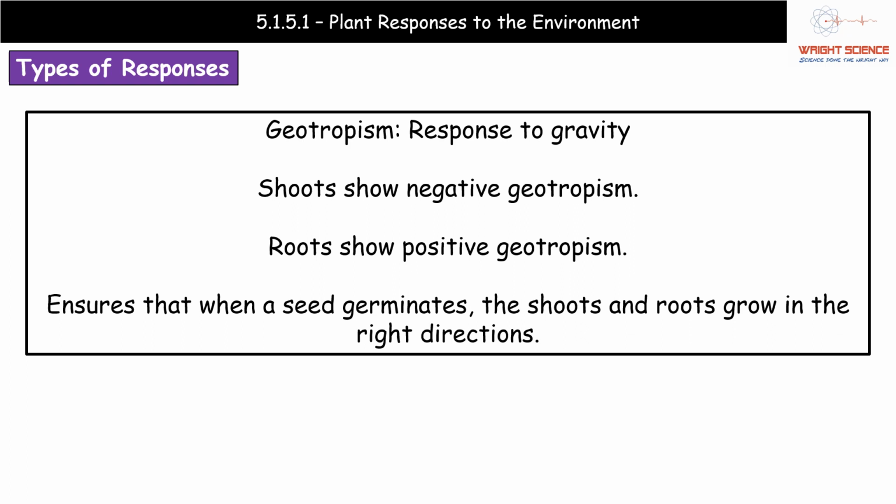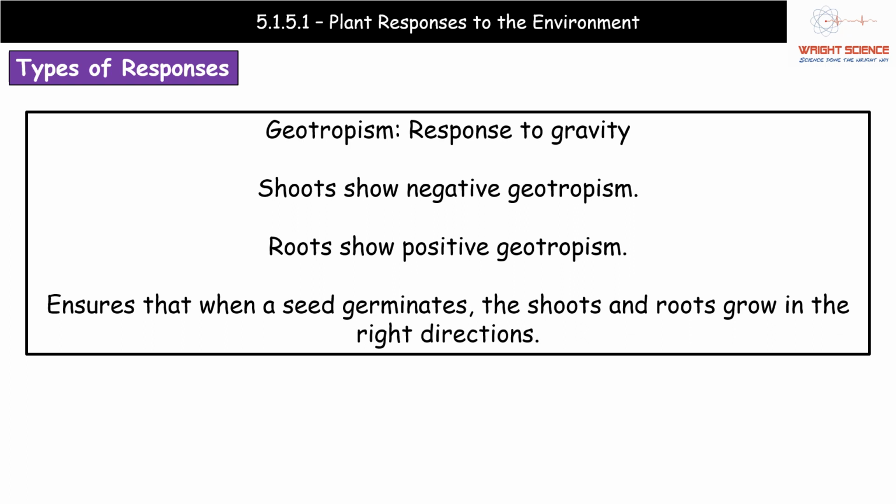Second type of tropism you should have met at GCSE is geotropism. Now, geotropism is the response to gravity, and this is obviously going to be important so that when our seeds are germinating, they know which way the shoots should go and which way the roots should go. So shoots show negative geotropism because remember, it's the response to gravity, and gravity always acts towards the centre of the earth.